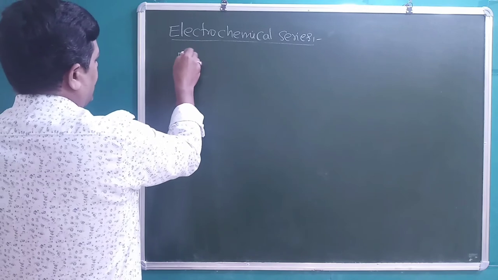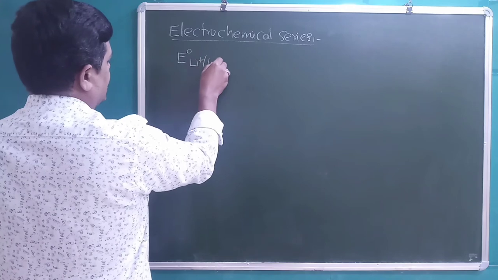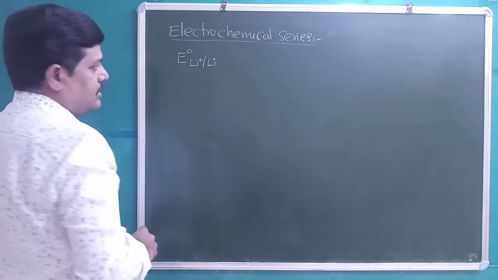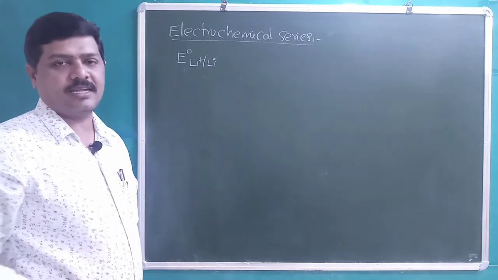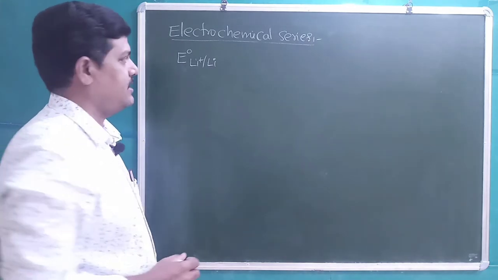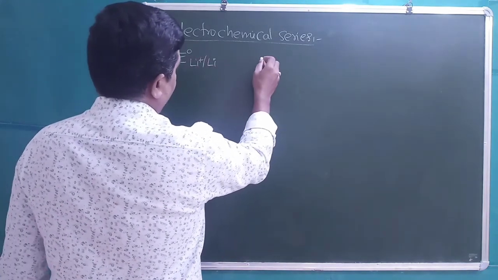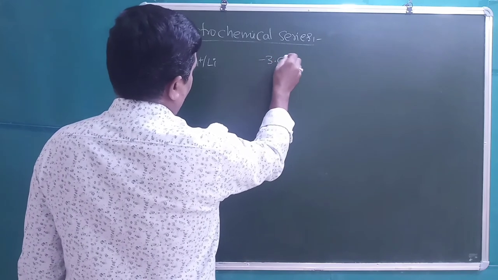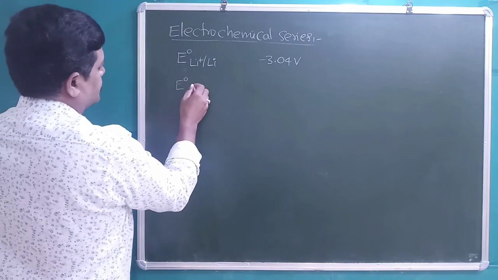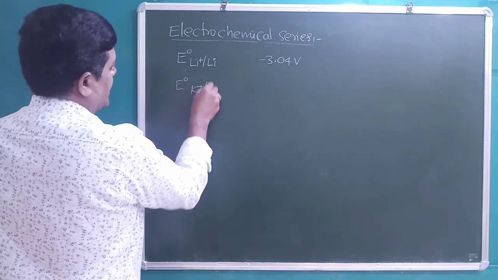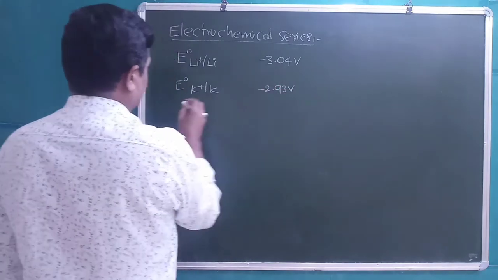At the top we have lithium, E naught Li+/Li, which indicates a reduction potential. According to the IUPAC convention, all electrode potentials should be indicated as reduction potentials only. So Li+/Li has a value of minus 3.04 volts. Next, E naught K+/K, approximately minus 2.93 volts.